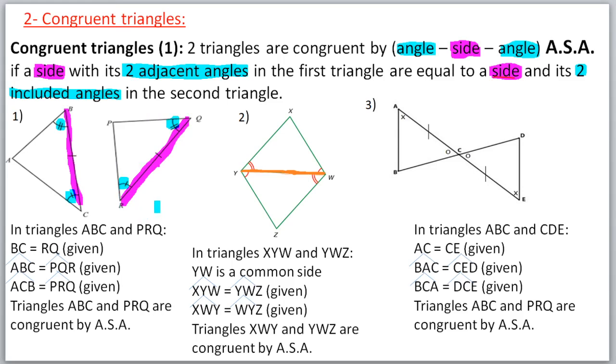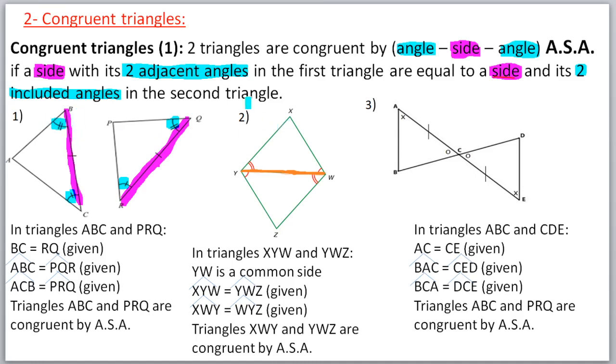Where are the adjacent angles? The angles on the side. And this angle that's here is not adjacent to this one. So for this reason we never called it adjacent. This is adjacent and this is adjacent. Adjacent means it's beside it, stuck to it. Okay? Fine.